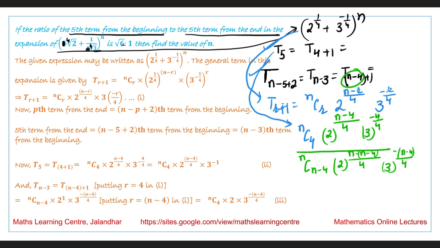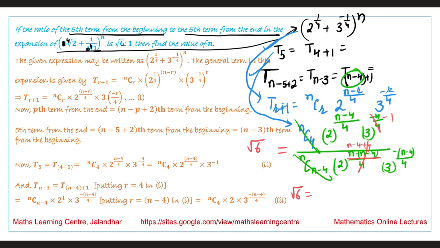Both these values are equal. We know that nC4 and nC(n minus 4) are equal to each other, and this ratio is given to be equal to square root 6 by 1. So when we write it as square root 6 by 1, we get that square root 6 is equal to, if we look at this value, n minus 4 plus 4, this power will become 1, and this power is minus 1.